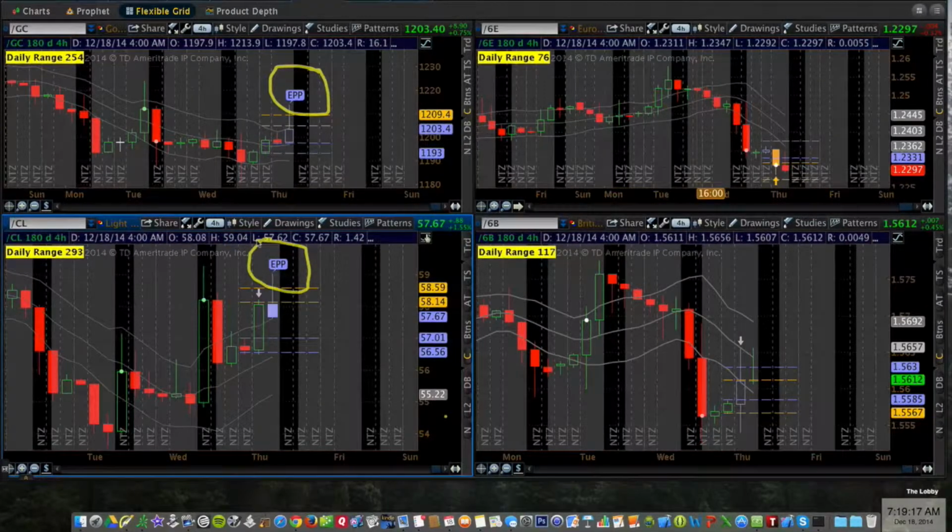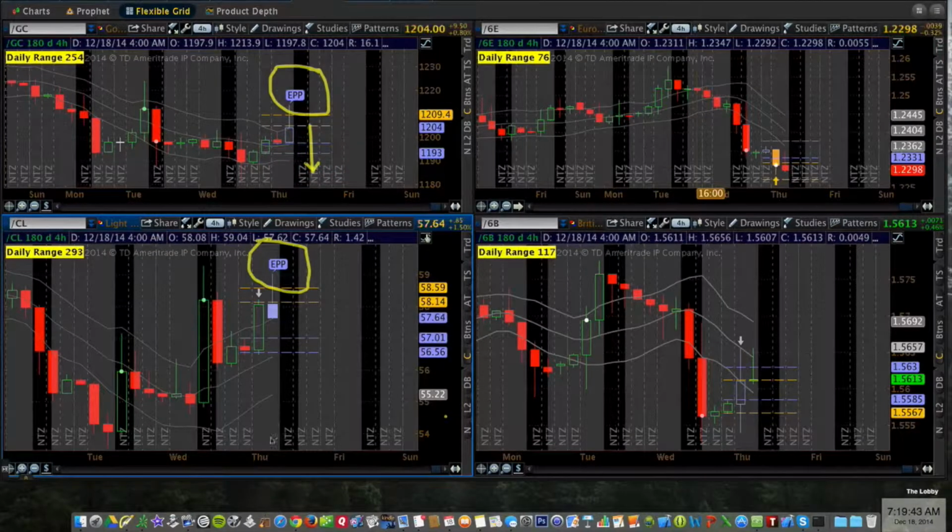I created this because I'm just in this continuous mode of trying to simplify trading for the masses, and this is about as simple as I can make it. So the theory is this: when an EPP fires off, if it's purple, on the next bar you go short.